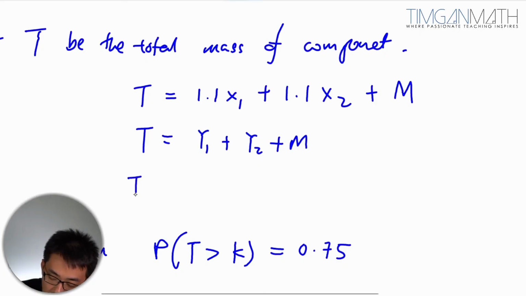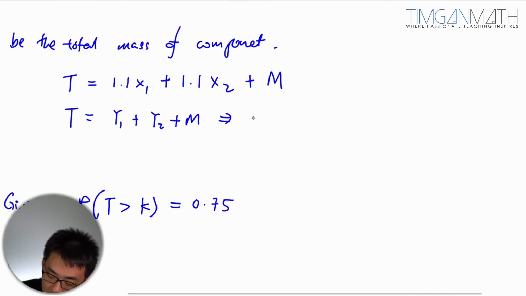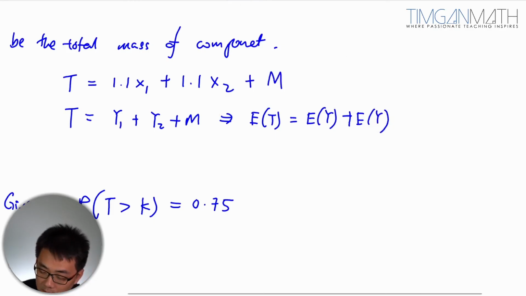Okay, so the expectation of the total mass will just be EY plus EY, which is 2EY, plus EM. Okay, that's 1.